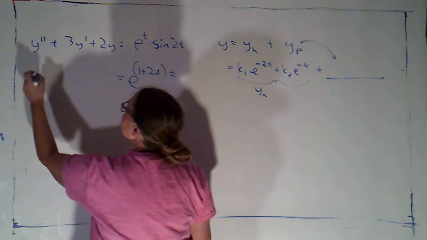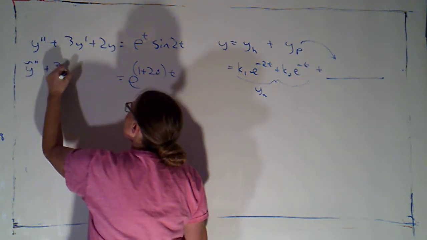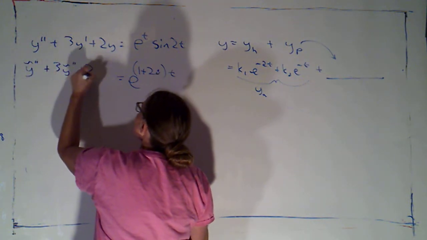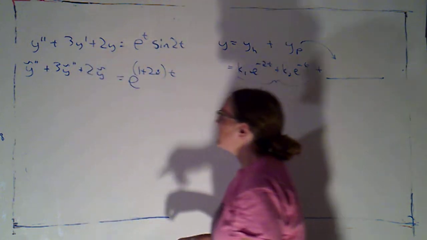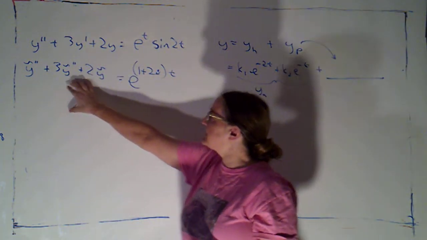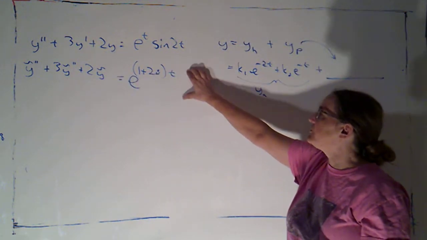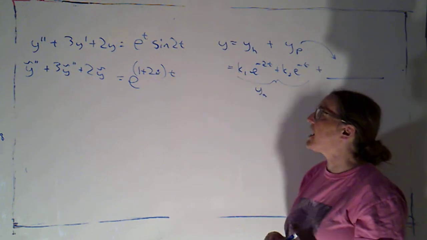So we're complexifying, so we're creating y tilde to be an unknown complex valued function, and saying if I take the corresponding left-hand side, its solutions would be equal to e to the (1 plus 2i)t.